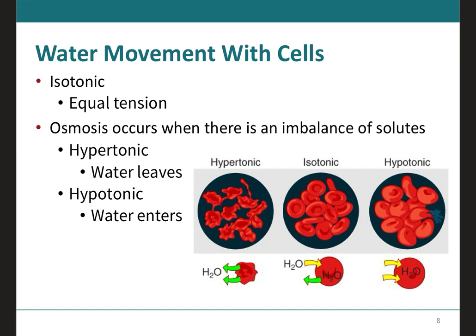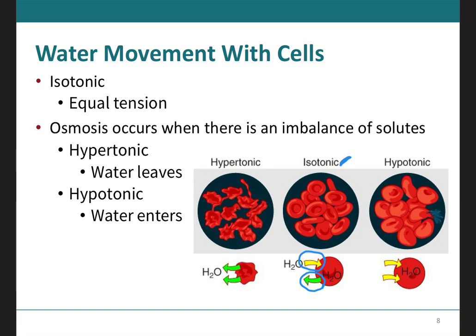Now, two solutions that have the same concentration of solutes are said to be isotonic. Therefore, they have equal tension, meaning that the concentration inside of the cell is the same as the concentration outside of the cell. Now, of course, when it is isotonic, there's no osmosis occurring, right? Because they are in equilibrium.